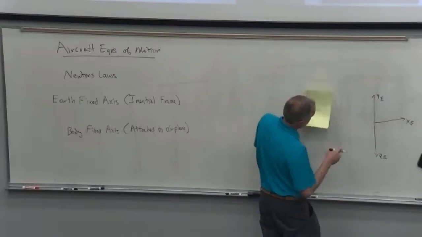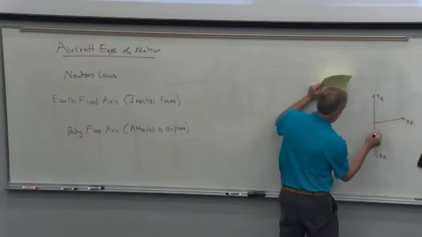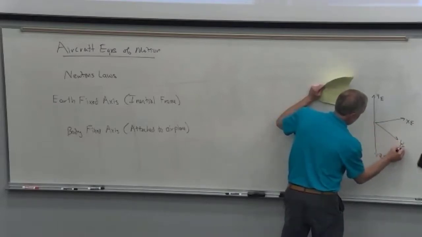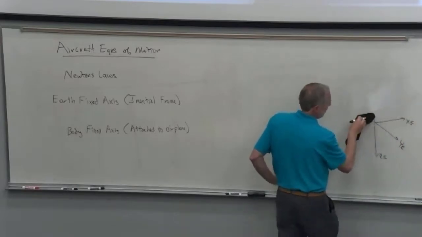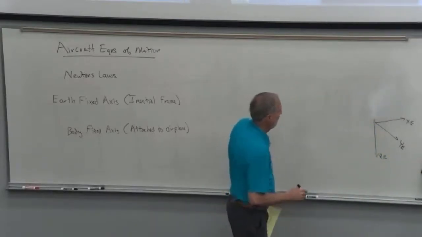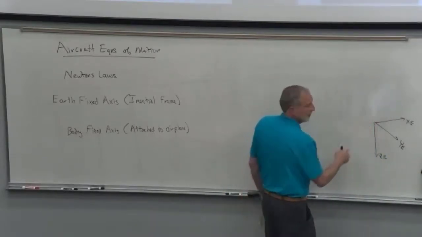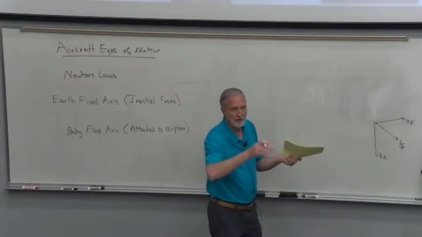Did I get that right? Y needs to be this way, so that X cross Y is Z. Yeah, so X is pointing north usually, Y is pointing east, and Z is pointing down. So we're considering an inertial frame. It's non-accelerating, non-rotating. Although the Earth rotates, we're going to say that rotation is small.